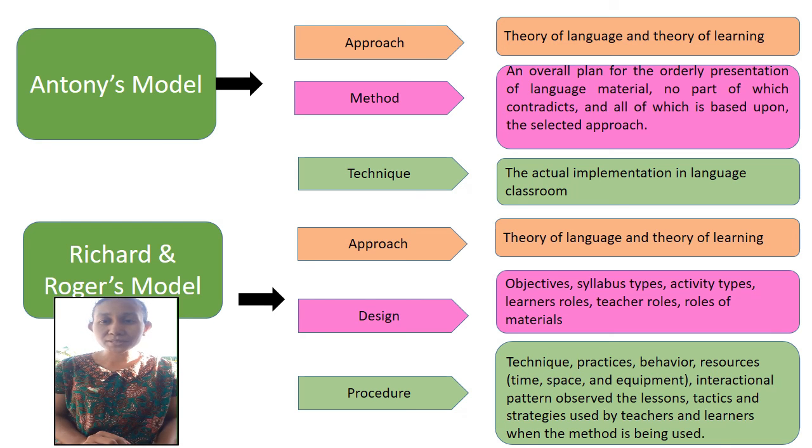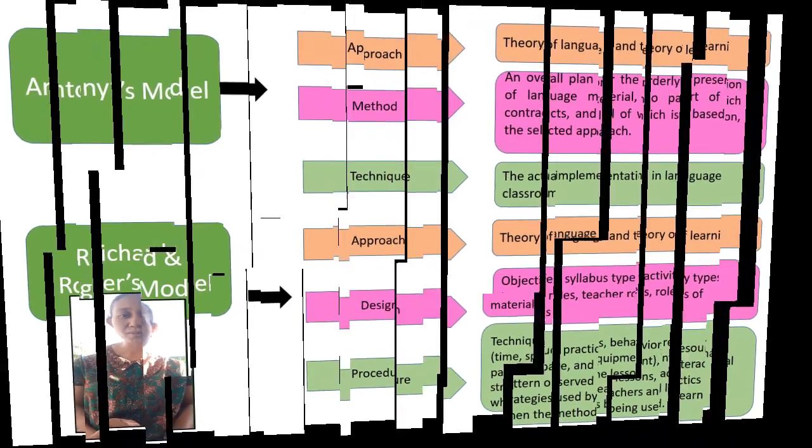The last one is procedure. Technique, practice, behavior. Resources refers to time, space, and equipment. Interactional patterns observed in the lesson. And the last one, tactics and strategies used by teacher and learners when the method is being used.